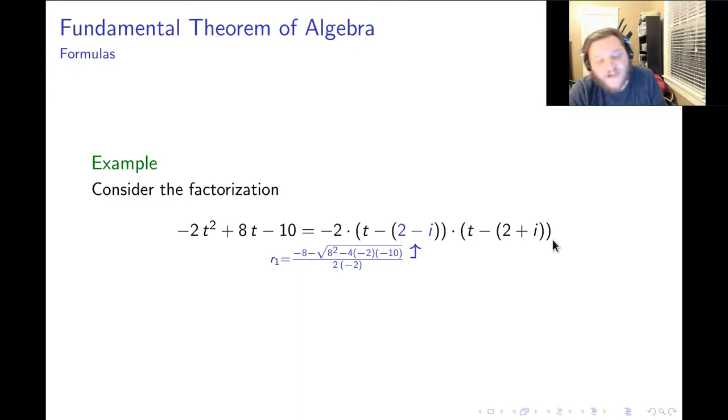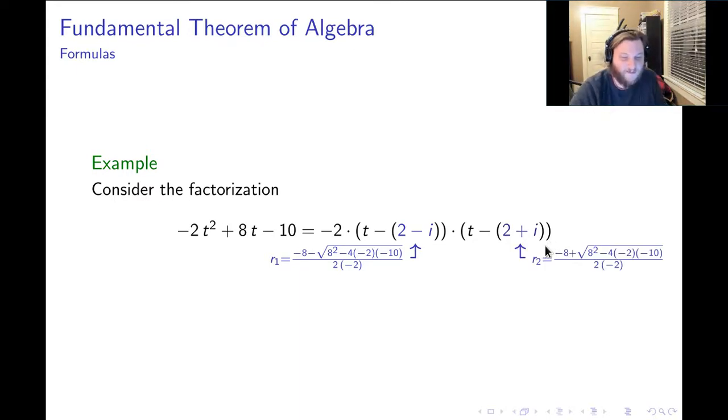What about the second factor here? Well, that's obtained by applying the quadratic formula to get the second root. Instead of negative 8 minus this square root, we get negative 8 plus this square root to get our second root, 2 plus i. So the quadratic formula allows us to factor any quadratic polynomial, so any polynomial of degree 2.